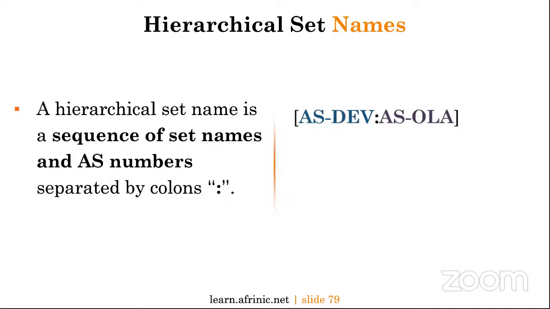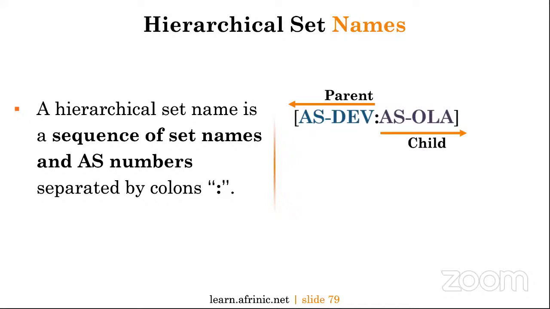Now, this is an example of one. It follows the parent-child structure. You can see it's actually two AS sets combined together, AS-dev:AS-ola. AS-ola is an AS set name, AS-dev is the parent of that AS set, and AS-ola is a child of that AS set.